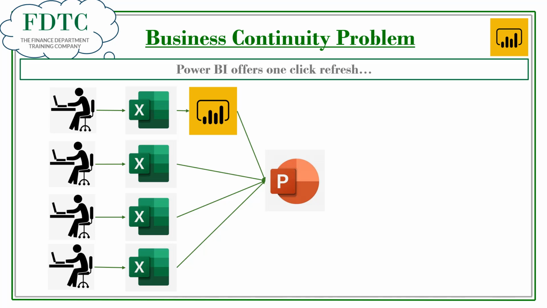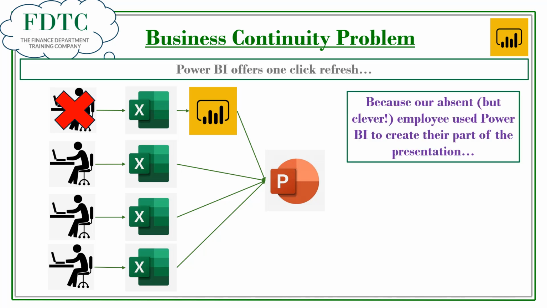So how can Power BI help with this problem? Well, Power BI offers one-click refresh capabilities, and this means that whenever an Excel spreadsheet needs to be updated with data from other spreadsheets or datasets, all that needs to happen is the updated datasets are saved in a folder that Power BI is connected to, and then a refresh button is clicked in Power BI. Power BI will then update all the information, all the graphs, all of the charts, everything inside it with no outside help.